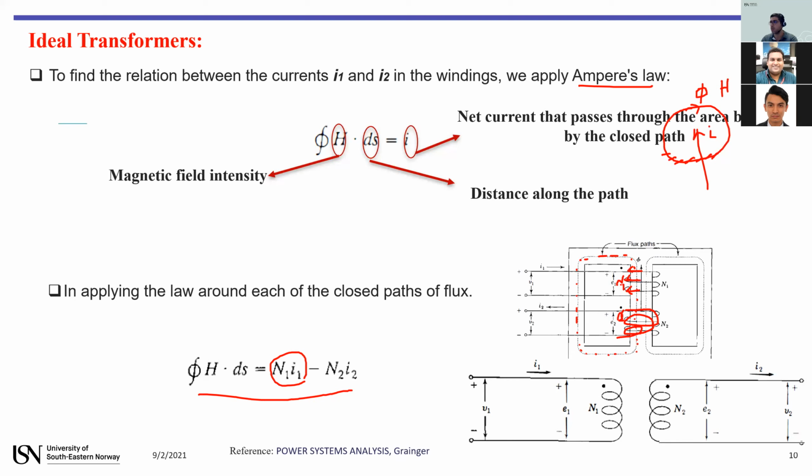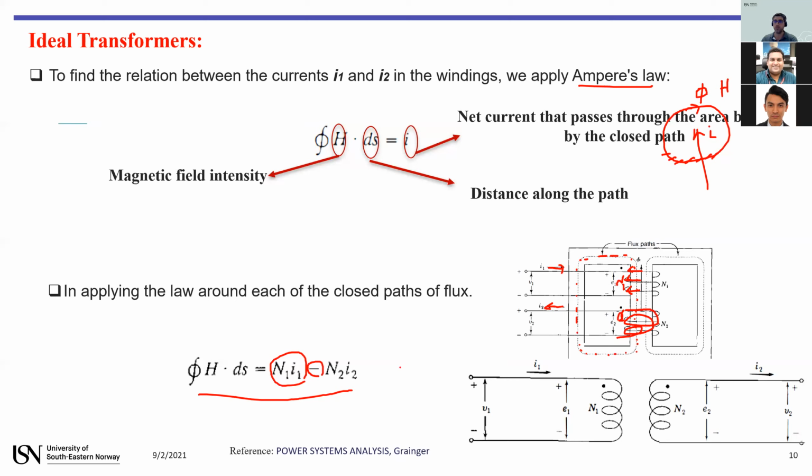So we will have N1 times I. However, since the direction of the current is different, the direction of the current that's circulating in the winding is different. That's why we use a negative here.